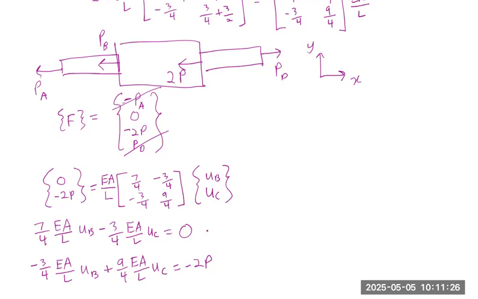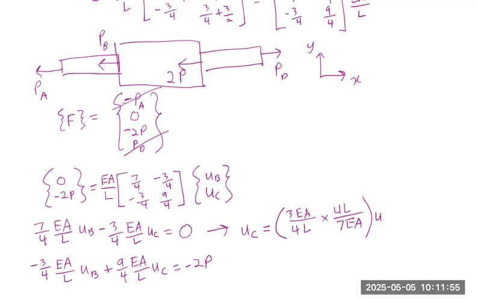And from over here, we can have UC is equal to 3EA over 4L multiplied by 4L over 7EA, and all this multiplied by, oh wait, sorry.